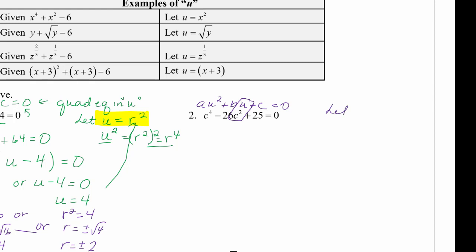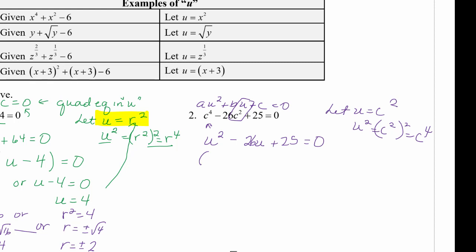So let's let u equal c squared. And when we square c squared, we get c to the 4th, which is what we have here in the first term. So we're going to substitute u squared for c to the 4th, and u for c squared, with 25 equals 0. I'm sorry, there's a 26 here. So minus 26u plus 25 equals 0.